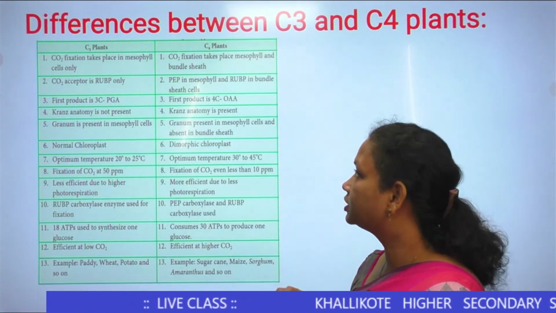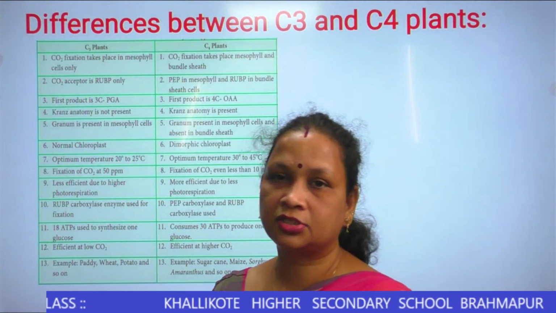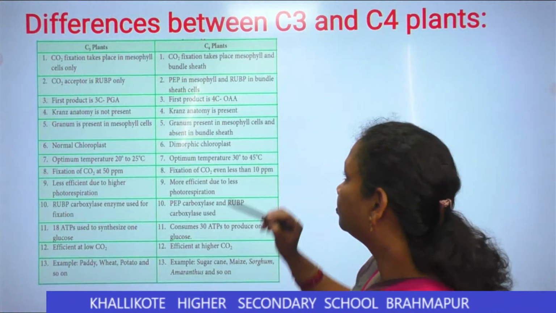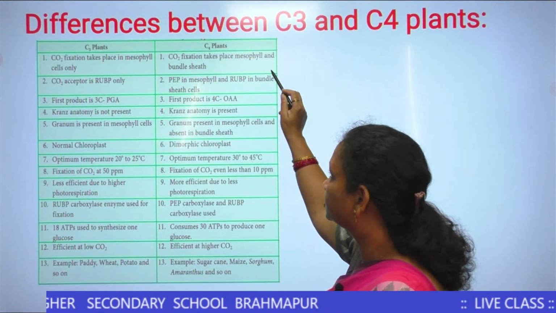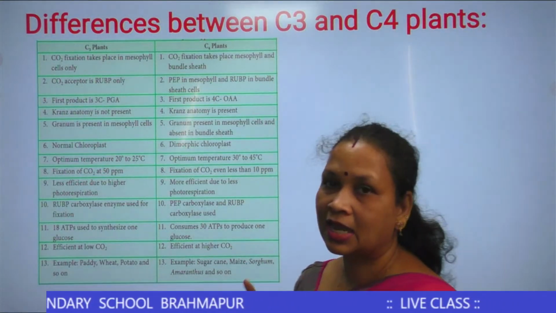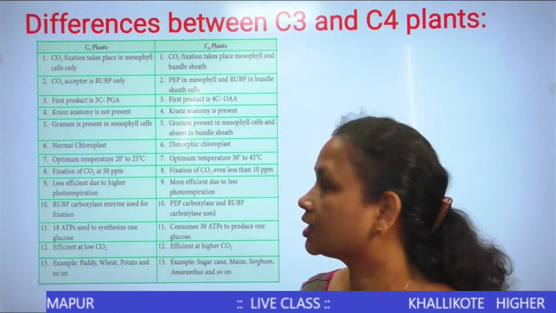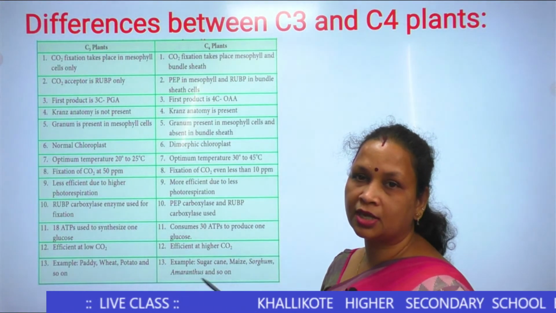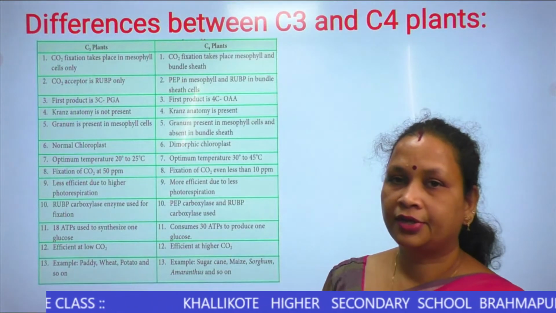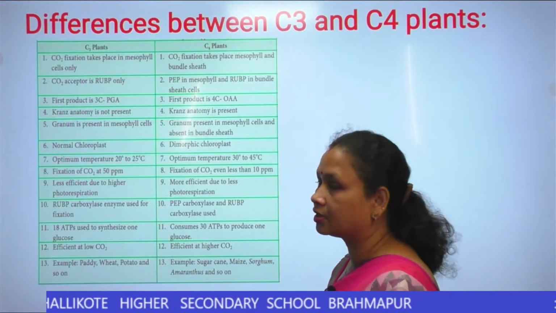But in C4 plants we see that carbon dioxide fixation will take place at two places: one is the mesophyll cell and the second is the bundle sheath cell. So, this is spatial partition of the reduction process and fixation process of carbon dioxide.